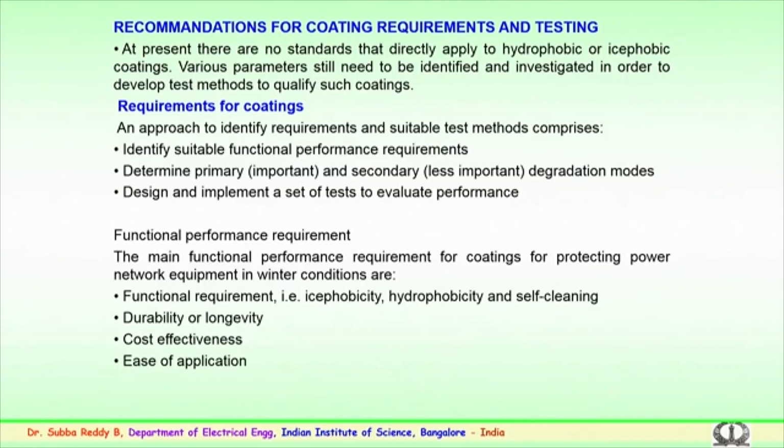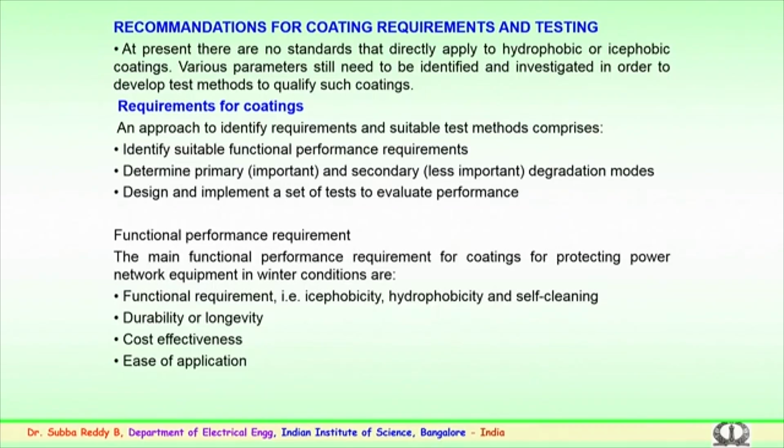The third is to design and implement a set of tests to evaluate the performance, that is, before the coating and after the coating, the performance of the equipment, insulator or conductor is to be evaluated and checked for its improved performance.